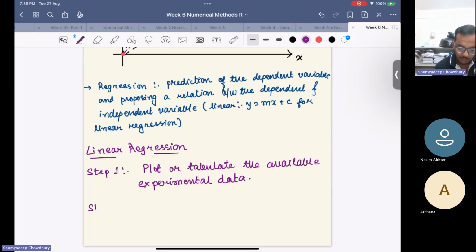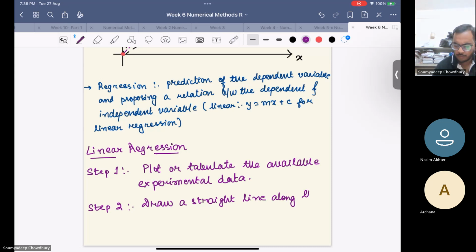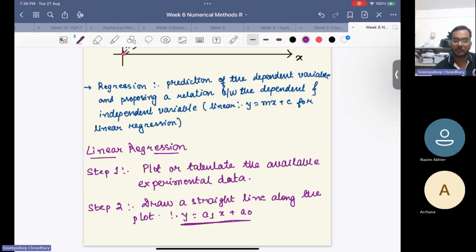The next step is to draw a straight line along the plot, which has the equation y equal to a1x plus a0. This is the general equation of that line.